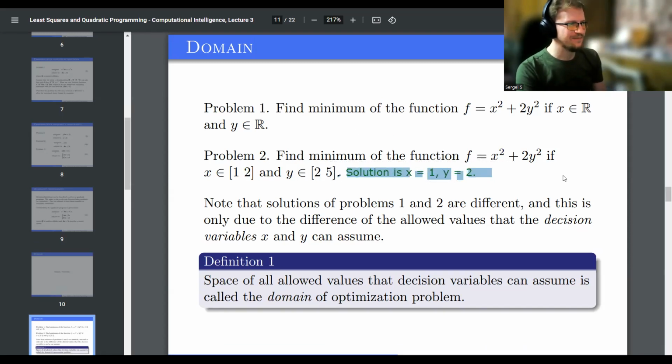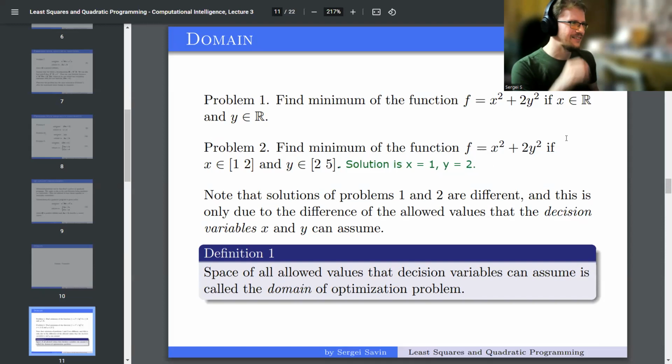Great. So how did you solve it? Generally speaking, we have squares, so the minimum of x squared is at the minimum of x, and for y, same thing. So just select the minimum of the ranges of x and y.